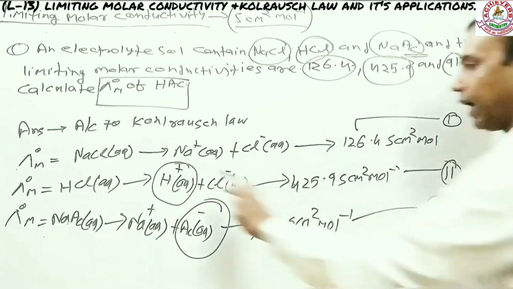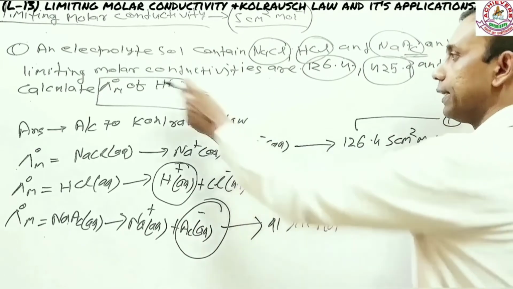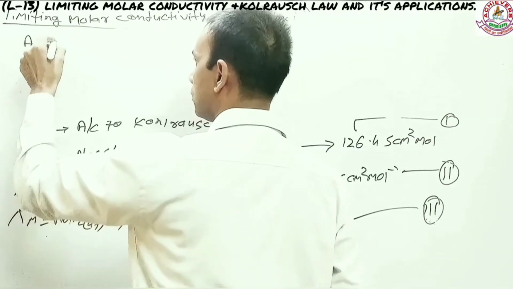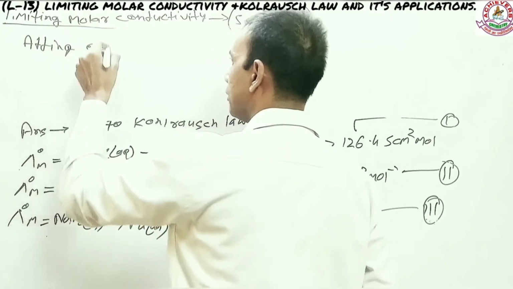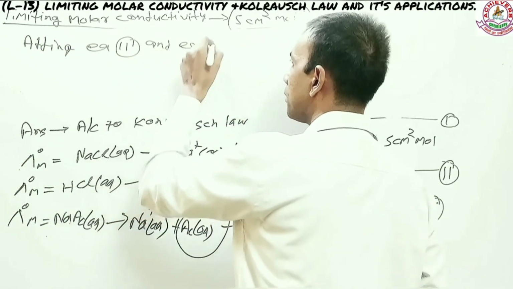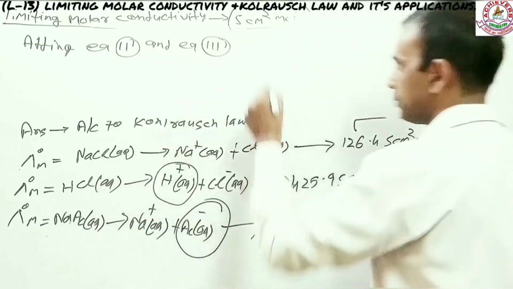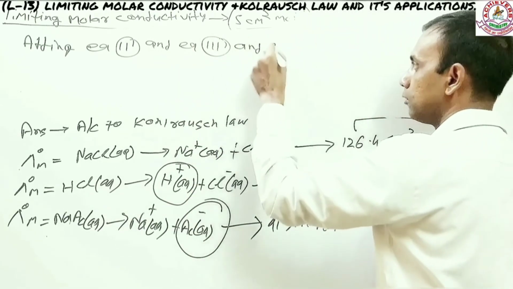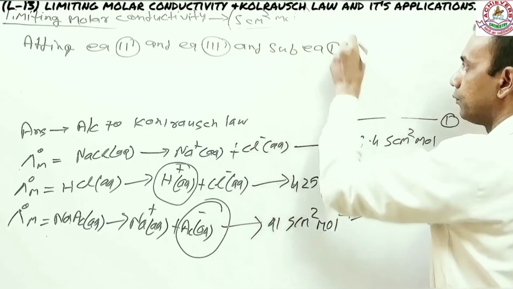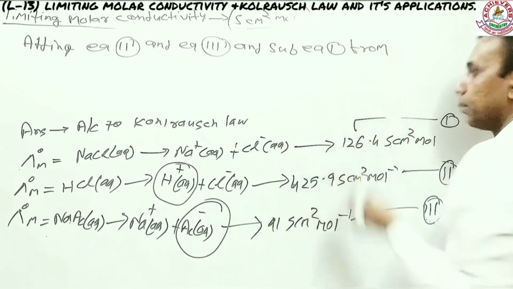Because once you add them and subtract this one, you will get your hydrogen acetate. So adding equation 2 and equation 3 and subtracting equation 1, this is what I'm going to do.